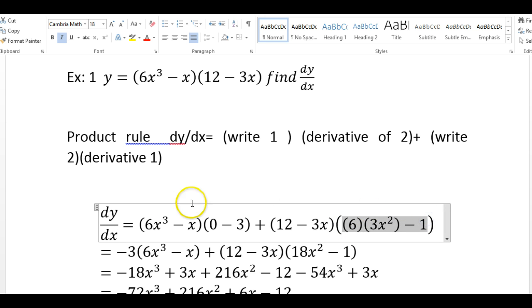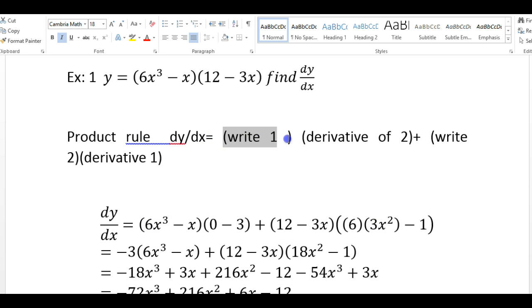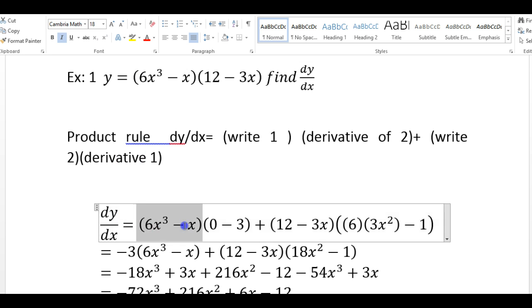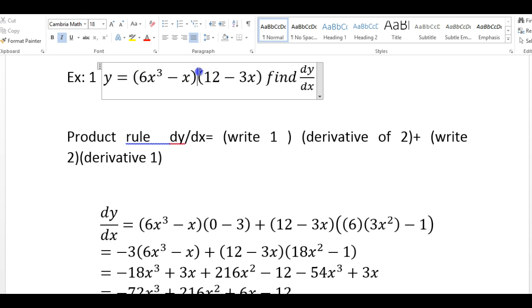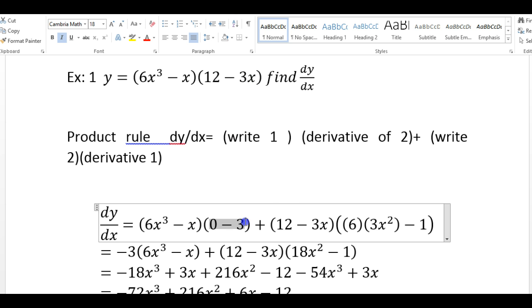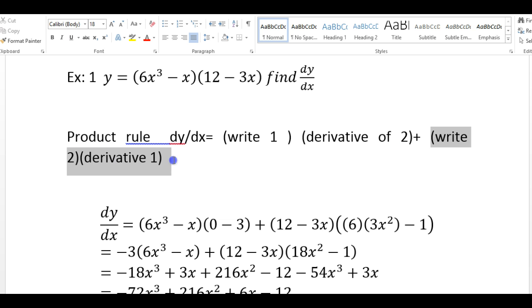Okay, so once again, let me go through it. It's write 1, derivative of 2. Write 1 is, you must write this. Derivative of the second piece, which is what? 0 minus 3, negative 3. Plus write 2, derivative of 1. What is write 2?